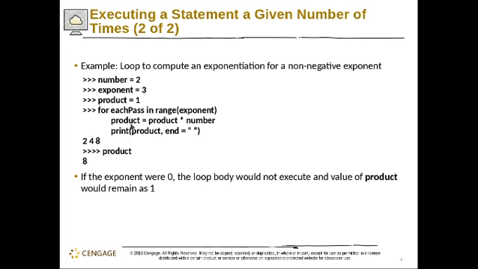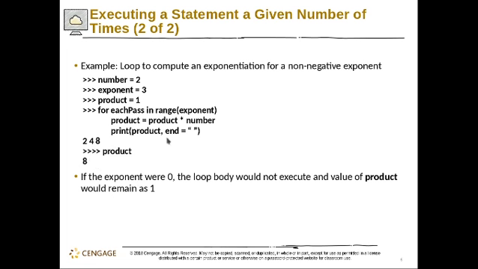In the second iteration, the product, which is the new value 2, times the number 2 gives us a new value for the product, 4. Then the third and last iteration, because we defined the number of iterations as 3 by the variable exponent: from the previous iteration, the value of product is 4 times the number 2, so 4 times 2 is 8.